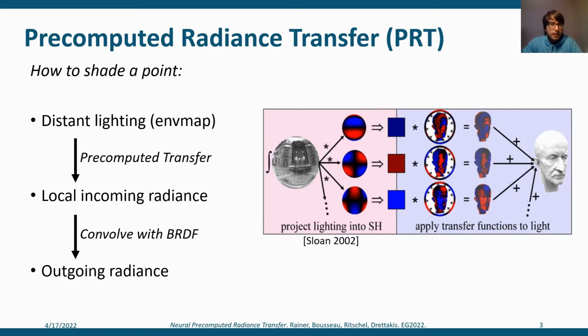Finally, this incoming light to the point is convolved with the BRDF at the point to obtain the outgoing radiance. The efficiency of PRT lies in the fact that the transfer and convolution operations are performed in the angular basis, which means either as matrix vector products or dot products, which is really efficient.